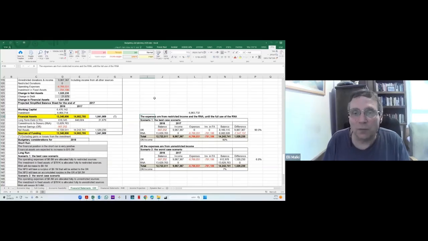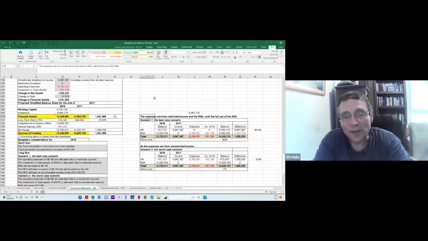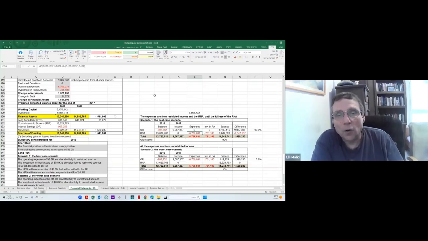So we want to spend as much as possible on account of the restricted net assets, but there is a limit, which is the total amount of the restricted net assets. So this is being calculated here. There are, as you can see, all kinds of ifs, all kinds of conditions that take care of that, so you don't have to worry about that. What we see here is that we had an initial amount of restricted net assets, 13.6.